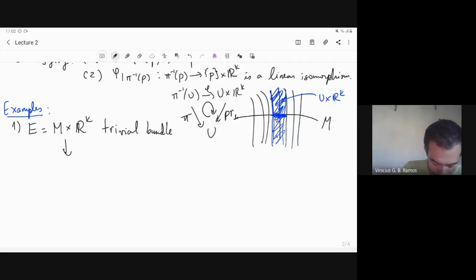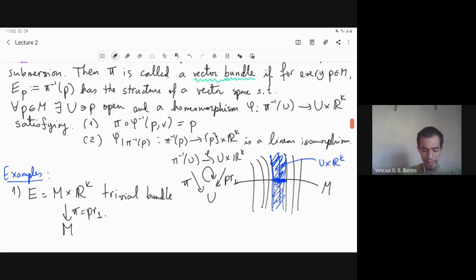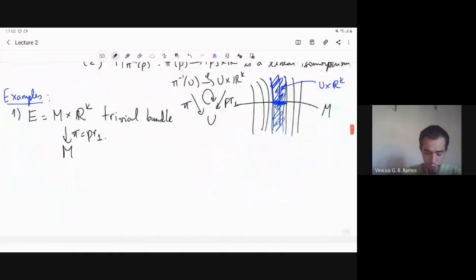The map pi is just the projection to the first coordinate. So this is what's called the trivial bundle. This is really what the picture that I drew here shows, but locally. And the point is that a bundle in general is something that will imitate the trivial bundle locally, but globally, if you look at the whole M, then you won't necessarily have a trivial behavior like this.